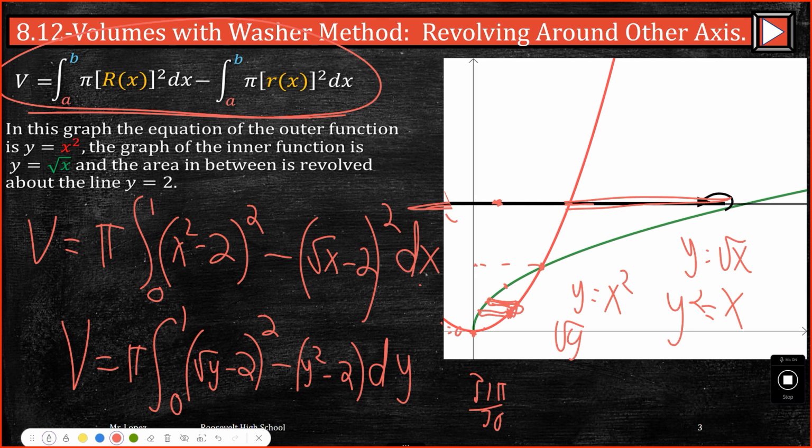You know why? Because this is saying that we are revolving around x equal to 2, maybe? Would it be because what I'm doing is revolving around x equal to 2 instead?